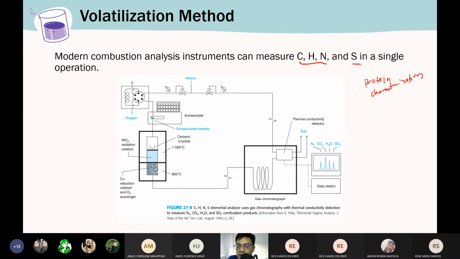And then yung sulfur, it exists in some proteins such as cysteine and methionine. Okay? So sila may mga sulfur containing amino acids. Okay? So pwede ito gamitin sa protein characterization for them to determine the molar mass or the formula of your protein. Pero hindi lang naman yun yung technique.